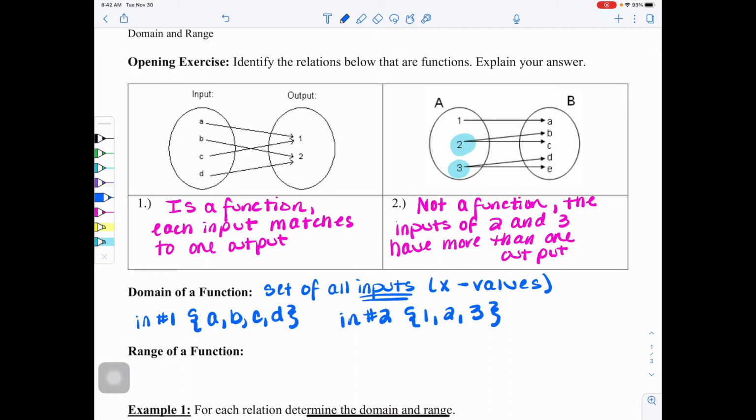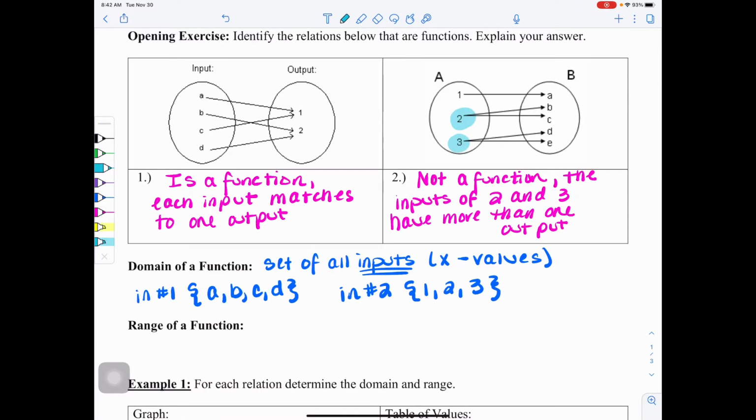Okay, so now that you've investigated range a little bit, let's define the range of a function. This is the set of all outputs, or y values. So if I were looking at, we'll squiggle underline outputs here.